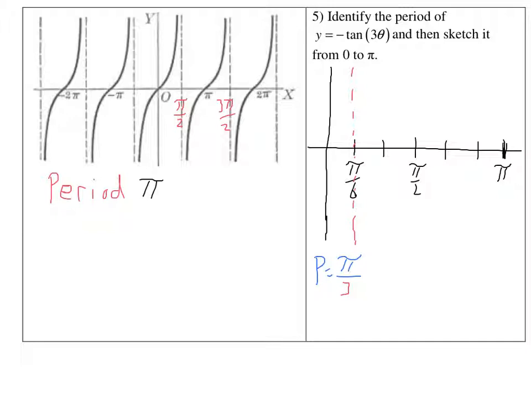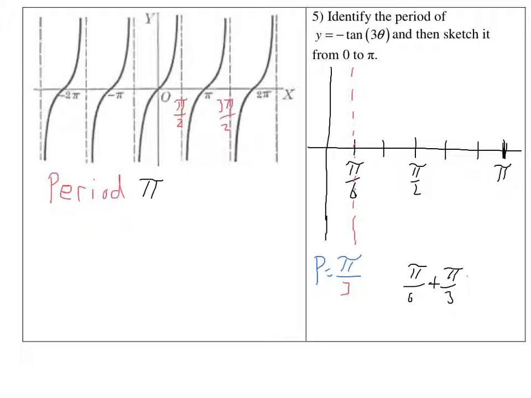So if I know now this is my asymptote, when is my next asymptote going to appear? Well, if pi over 3 is my period, won't it appear pi over 3 away from this? How far away is pi over 3 from pi over 6? Well, you want to take pi over 6 and add pi over 3. Now, they have different denominators, don't they?